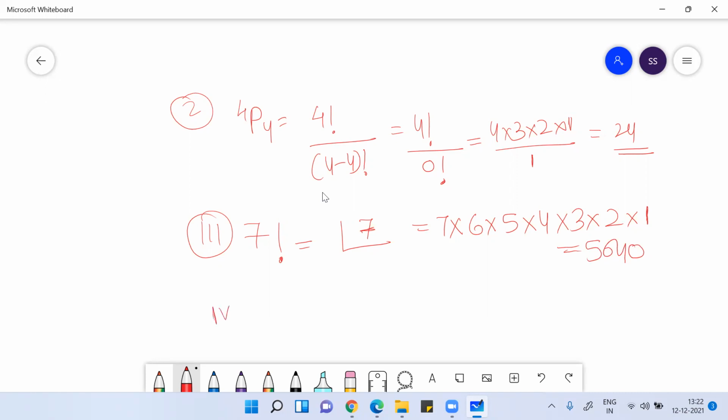Fourth question, already I told you, this is 0 factorial. This would be 1. Any doubt, anyone?